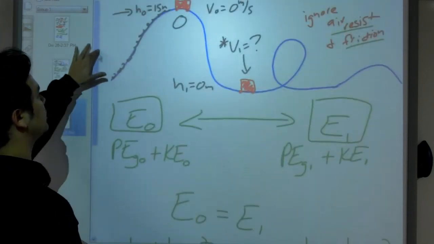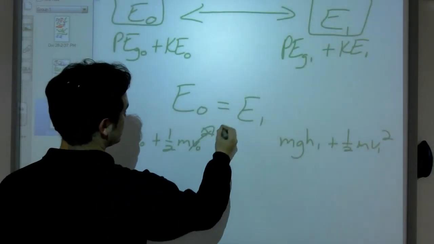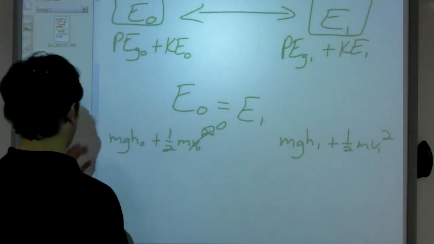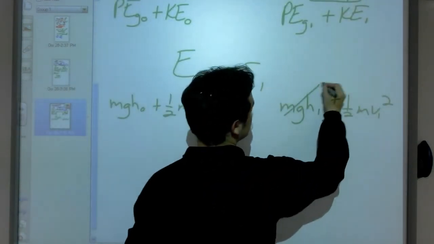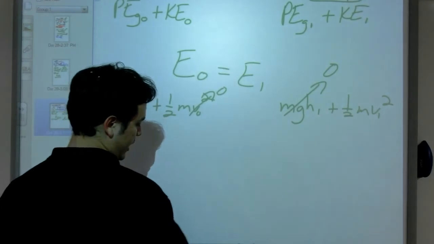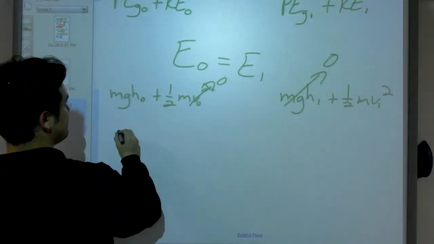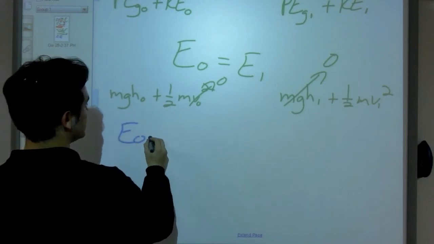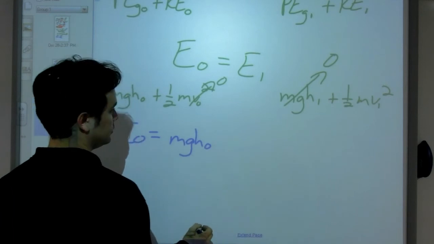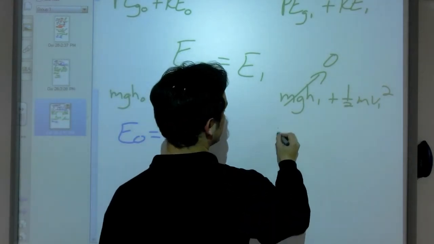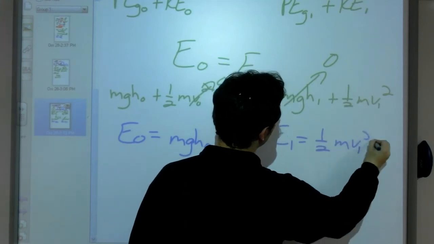If I start plugging in values, my initial velocity, v naught, is actually 0, so that goes to 0. Another value that I have that's 0 is h1, so this goes to 0. So I have a situation where E naught equals mg h naught, and E1 equals 1/2 m v1 squared.